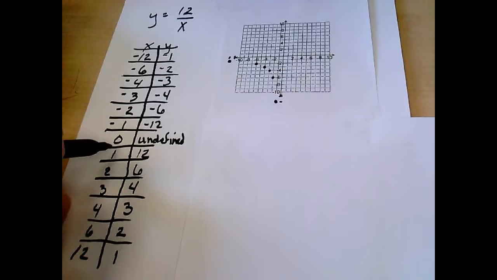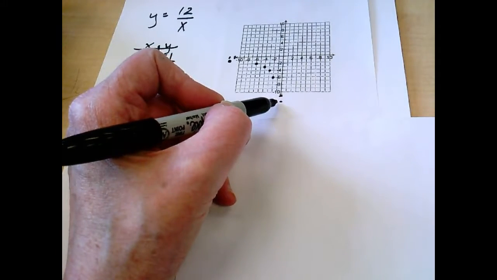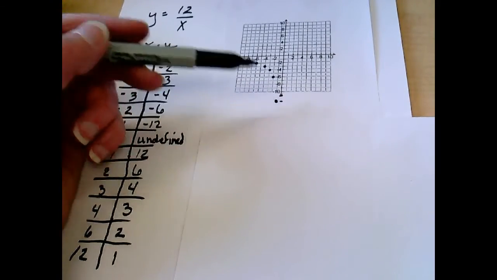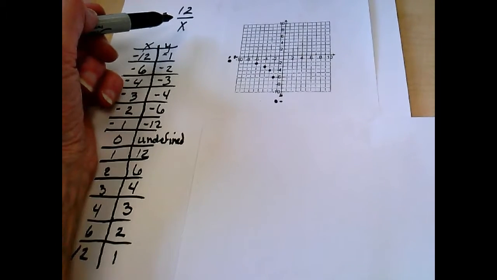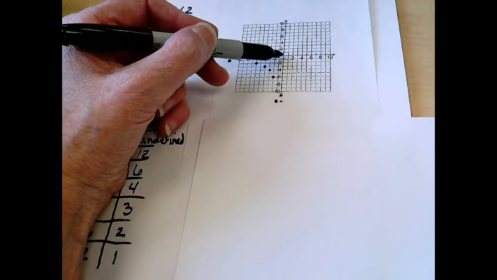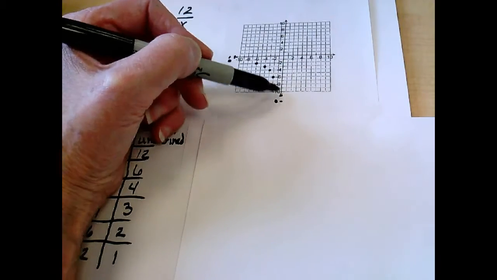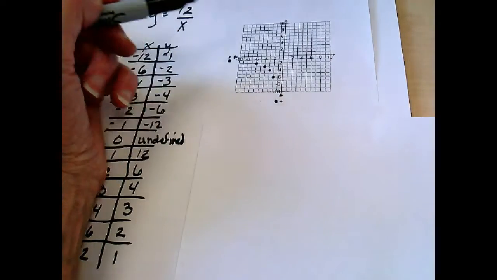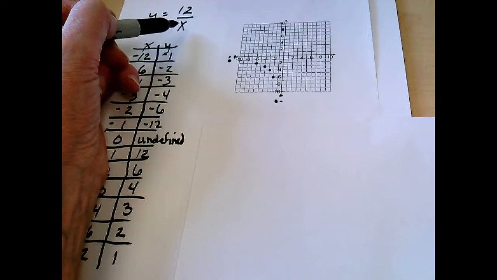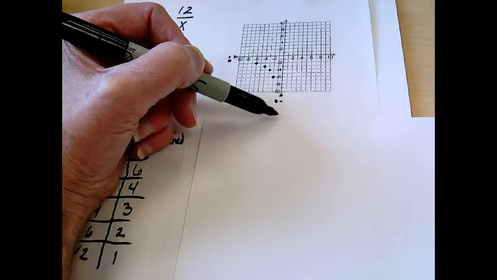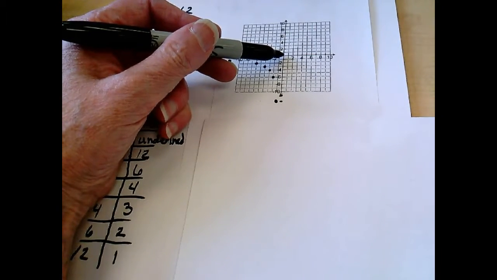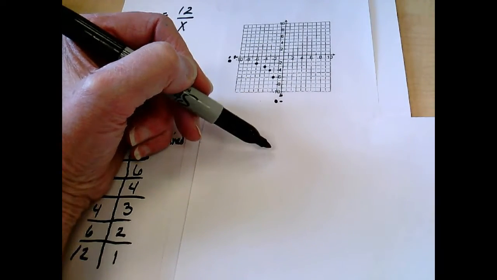Since I can't divide by 0, let's go further in this direction. If I divide by negative 1/2, that gives me negative 24. My number keeps getting bigger and bigger here. If I divide by negative 1/4, that would be negative 48.